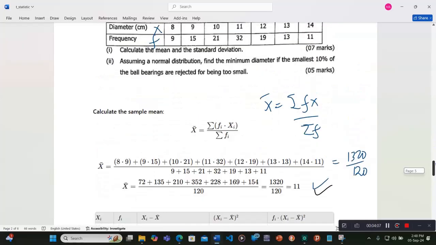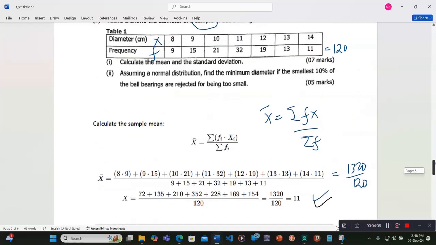So we are to answer question number 2. Assuming the normal distribution, find the minimum diameter if the smallest 10% of the ball bearings are rejected for being too small.